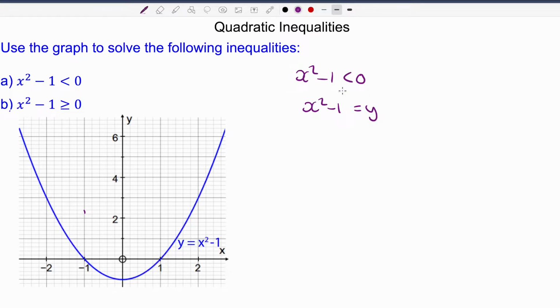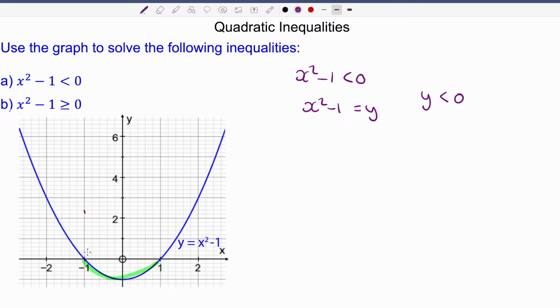So the only difference between the question and what we've been given is that now y is being replaced with less than 0, okay? So we're going to identify when this is true. And it is true anywhere below the x-axis, because the x-axis is when y equals 0.